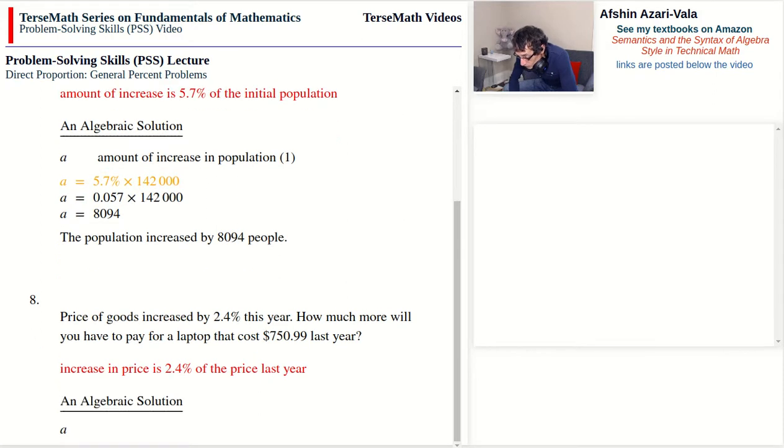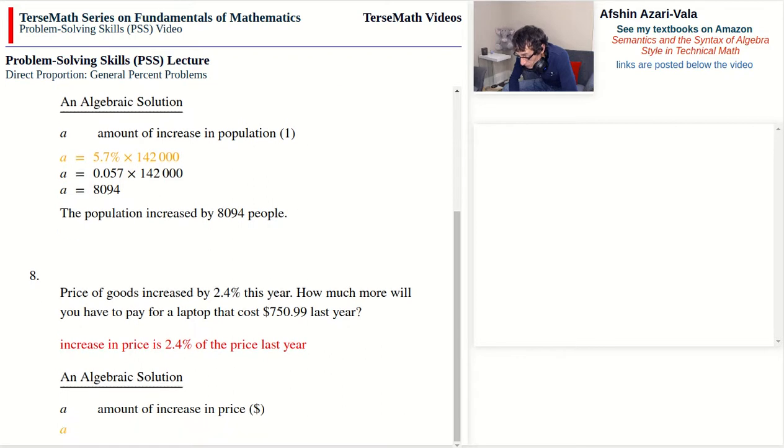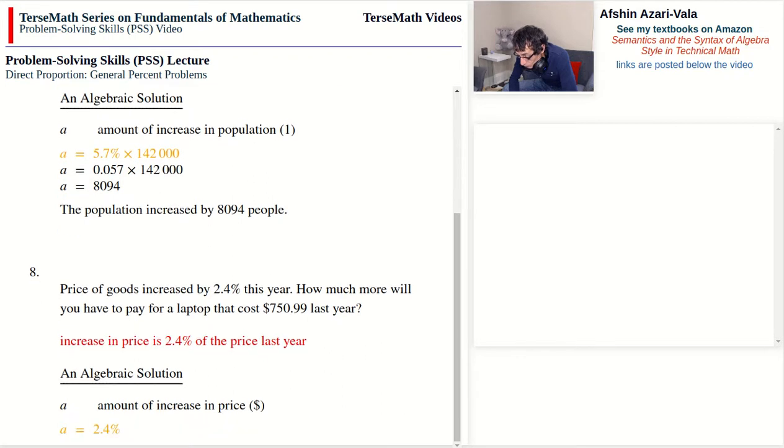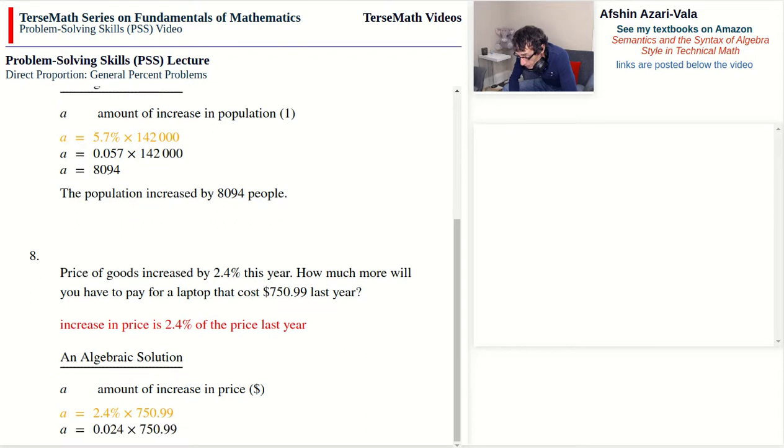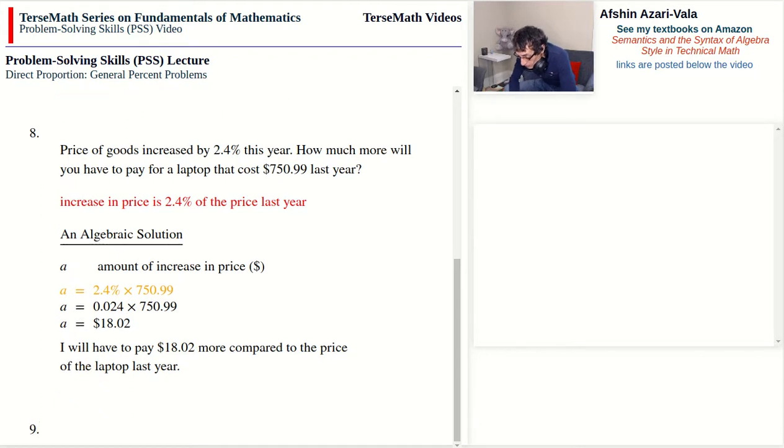For an algebraic solution, with A being the amount of increase in price in dollars, A becomes equal to 2.4% of the price last year. In decimal form, that is 2.4% of the price of the laptop last year, and that comes to $18.02. So I will have to pay $18.02 more compared to the price of the laptop last year.